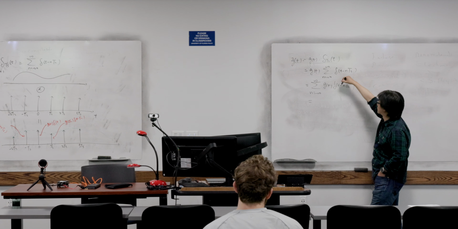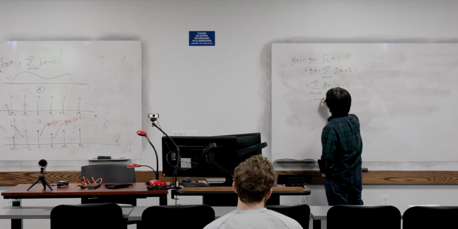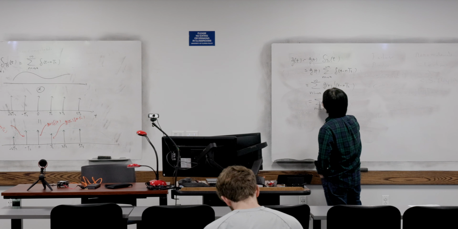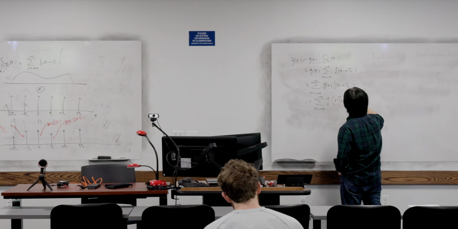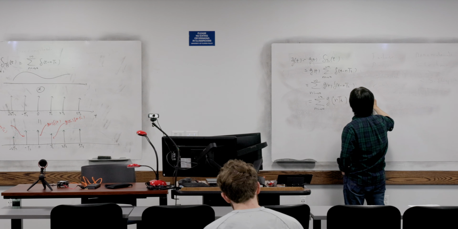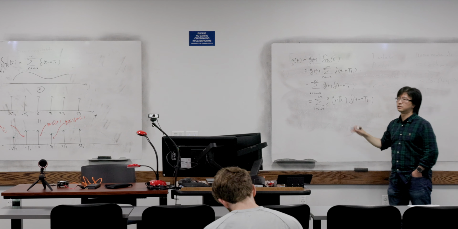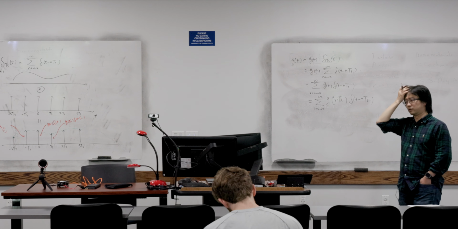Because delta is only non-zero at t equals n times Ts, we can replace t by n times Ts, giving g of n Ts times delta of t minus n Ts. So we arrive here.